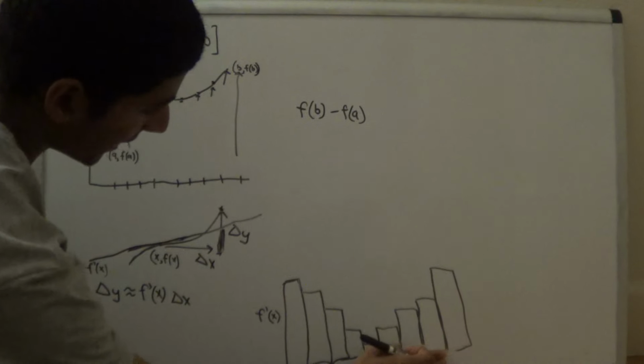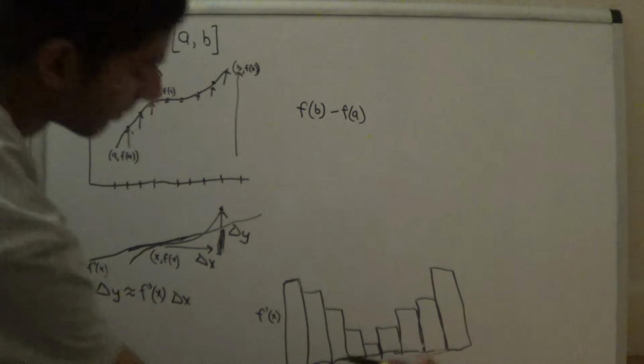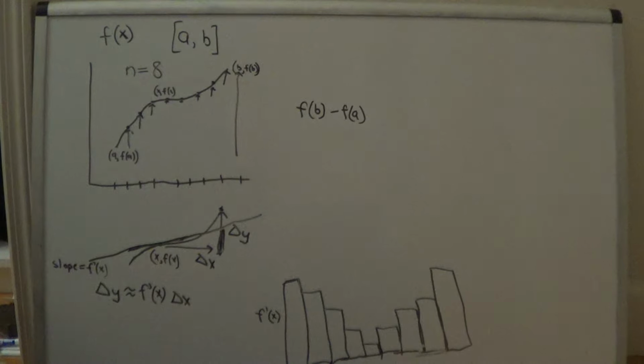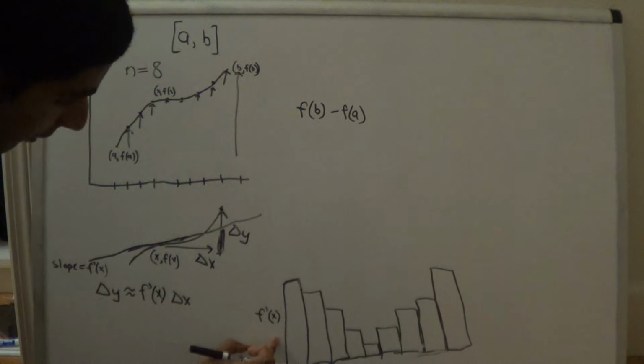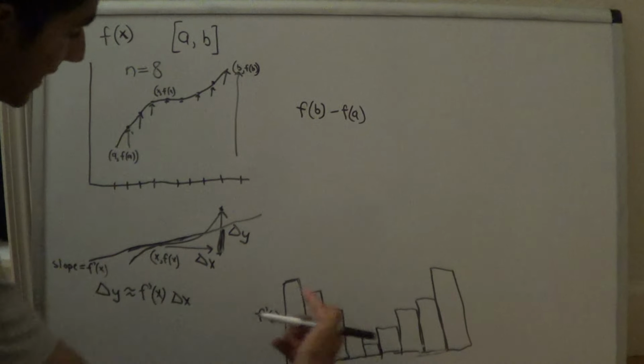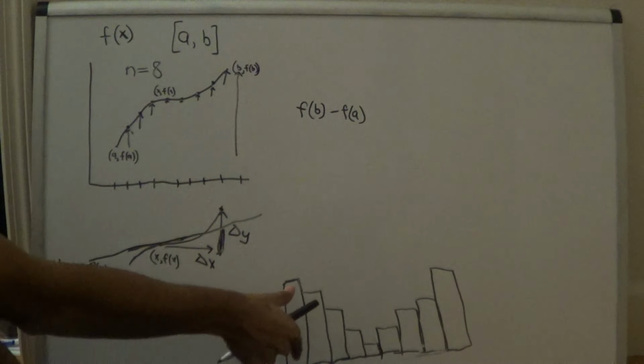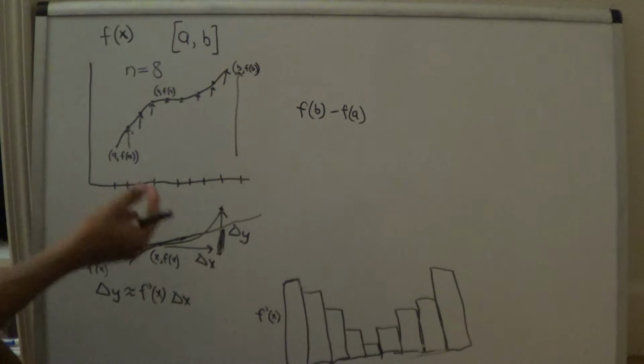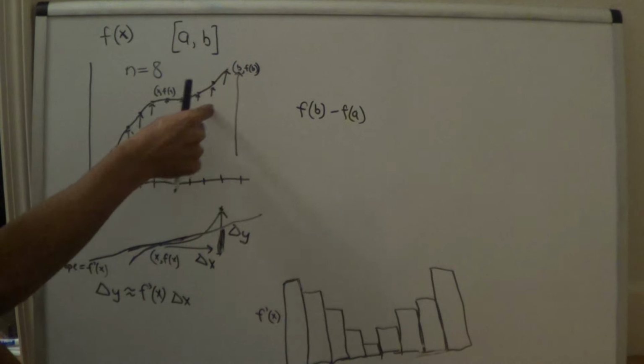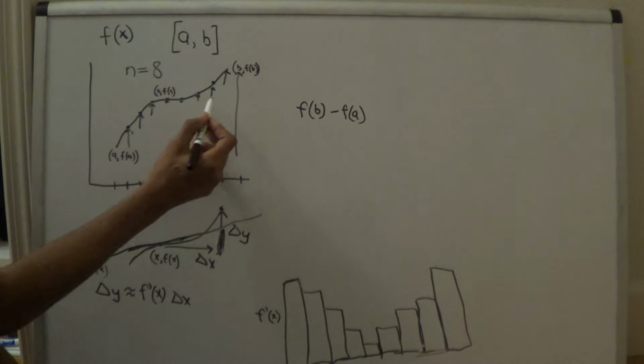All of these rectangles have the same base, delta x, and a height of f prime of x. The area of each of them is equal to each one of these delta y's, each one of these arrows.